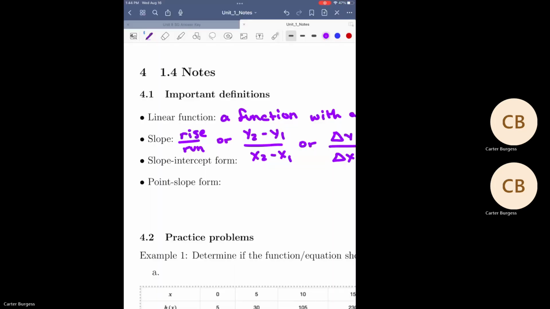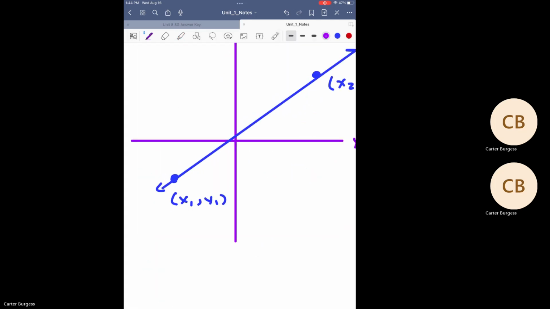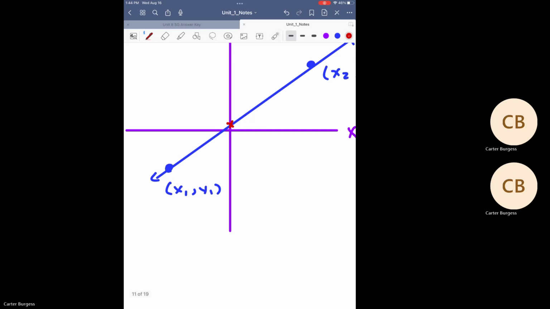This is our slope-intercept form, y equals mx plus b, where our m represents the slope that we just discussed, and b represents the y-intercept, or in other words, looking at a graph like this, the point at which we intersect the y-axis. So b is the y value for that particular point, the point itself, of course, being the point (0, b), that y-intercept.